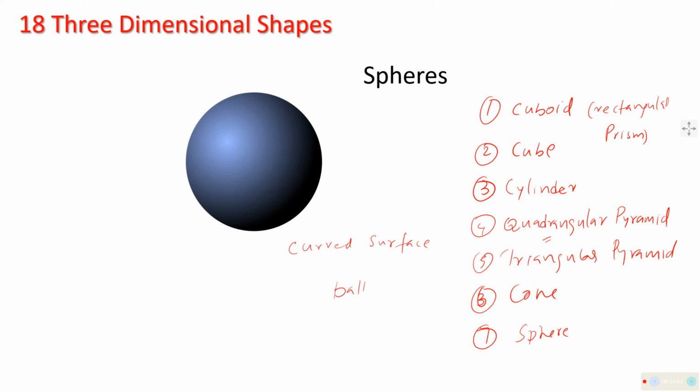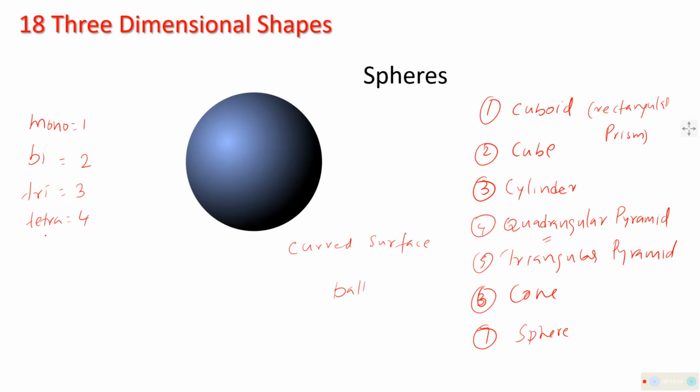The naming of these three-dimensional figures also has its own peculiarity. We call it a quadrangular pyramid when there is a four-sided base, and a triangular pyramid if there are three sides. And if there are five, what will be the name? You see, mono means one, bi means two, tri means three, tetra means four.